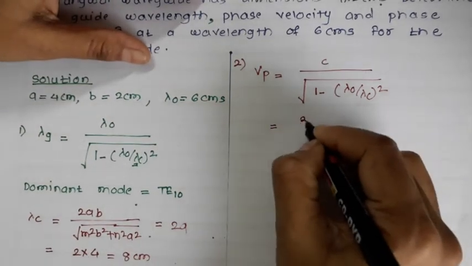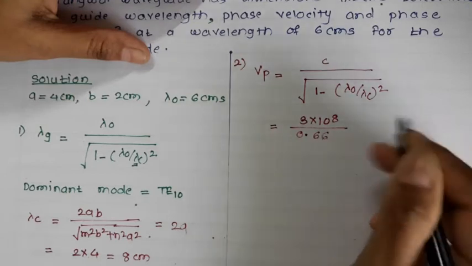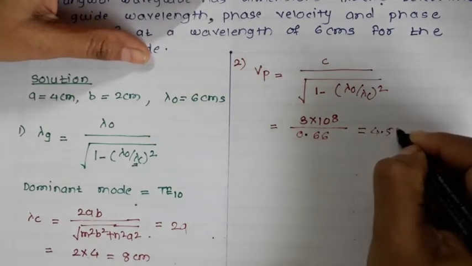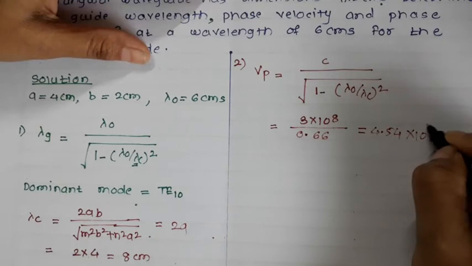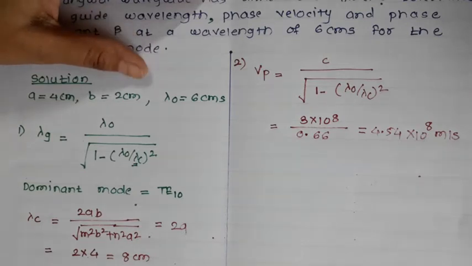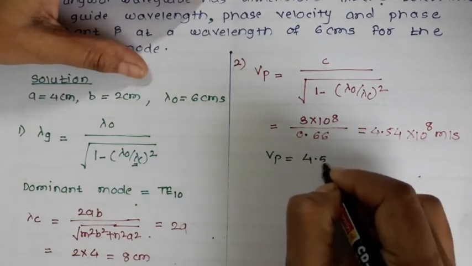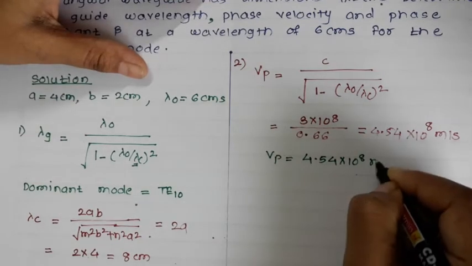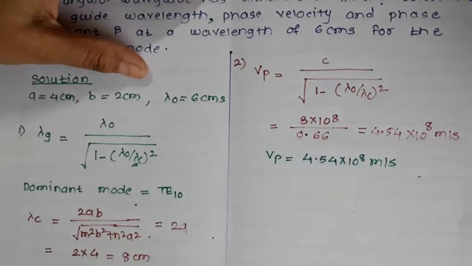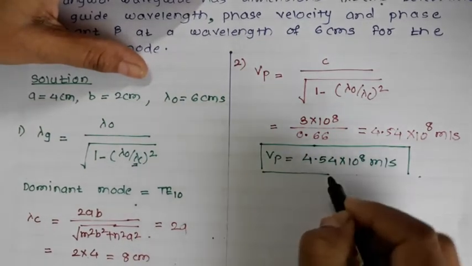So 3 into 10 raised to 8 divided by 0.66, it comes to 4.54 into 10 raised to 8 meters per second. It is always known to us that our phase velocity is always greater than the velocity of light. So Vp is 4.54 into 10 raised to 8 meters per second. So we have calculated our second parameter.